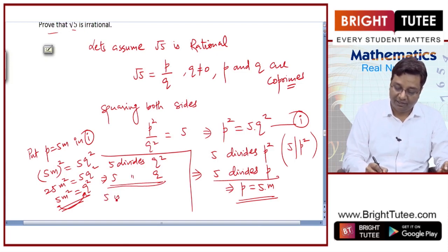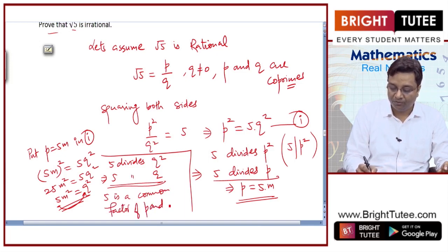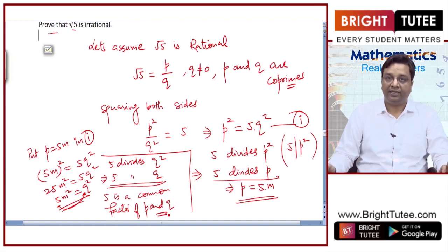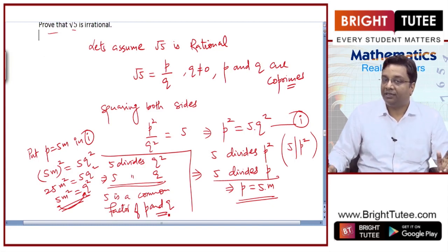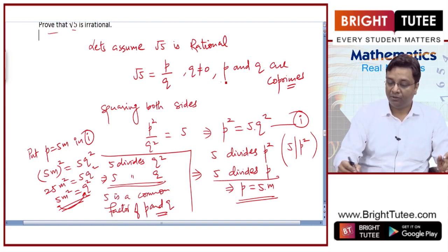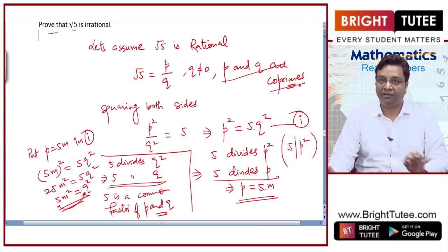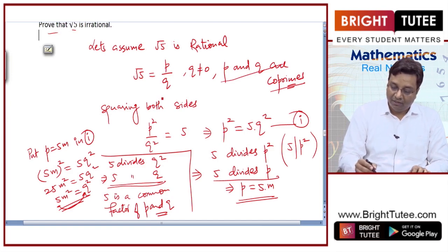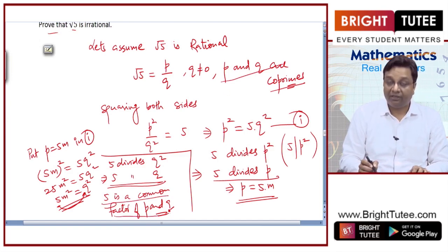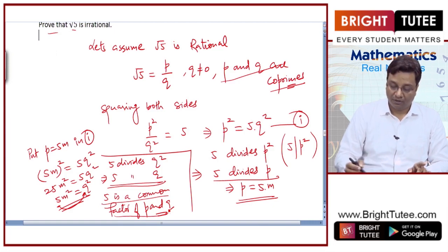Hence 5 is a common factor of p and q, right? So which contradicts our original assumption that p and q are co-primes, right? Our assumption was that p and q cannot have a common factor, but with this assumption we reached a conclusion that 5 is a common factor of p and q, right?